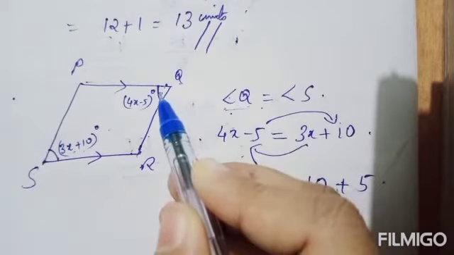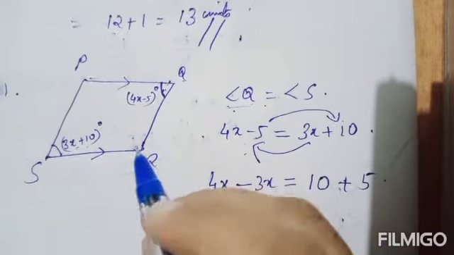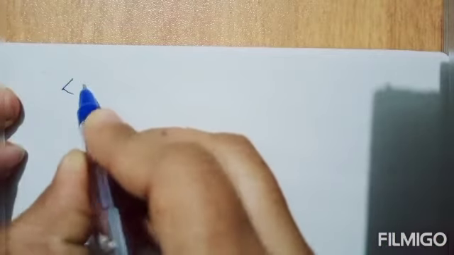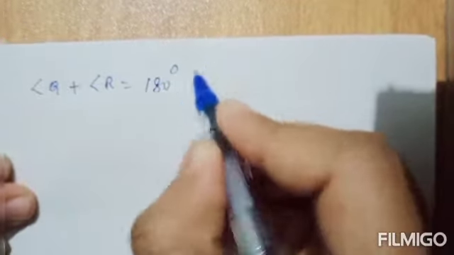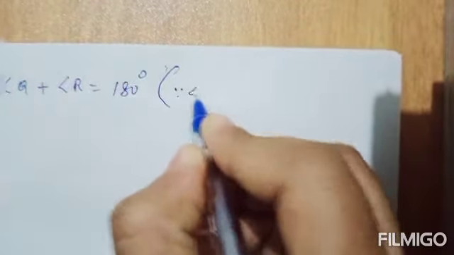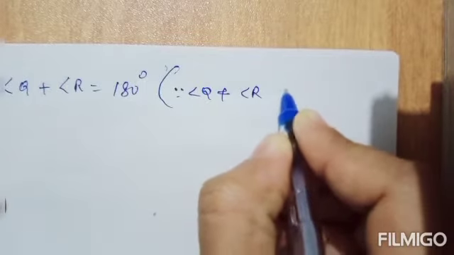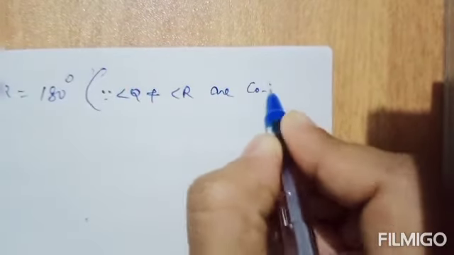So angle Q plus angle R equal to 180 degree since they are co-interior angles.